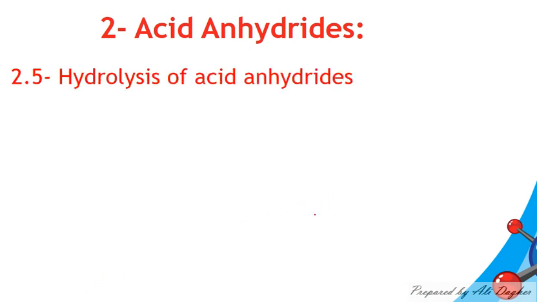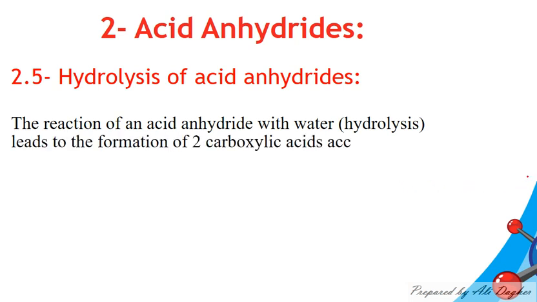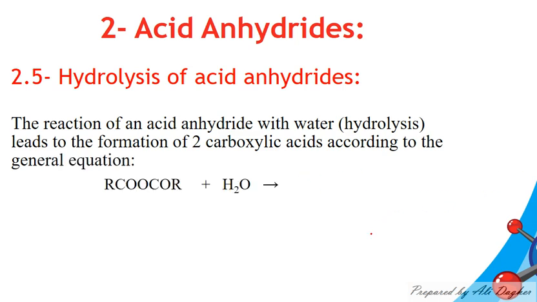Hydrolysis of acid anhydrides. The reaction of an acid anhydride with water, hydrolysis, leads to the formation of two carboxylic acids according to the general equation: RCOO-COR plus H2O give 2RCOOH.